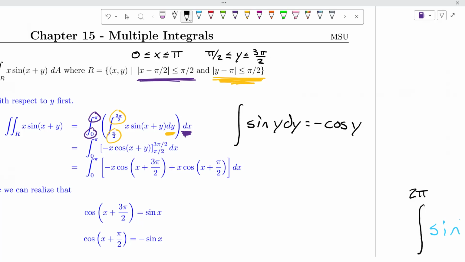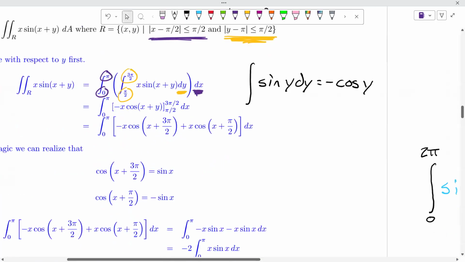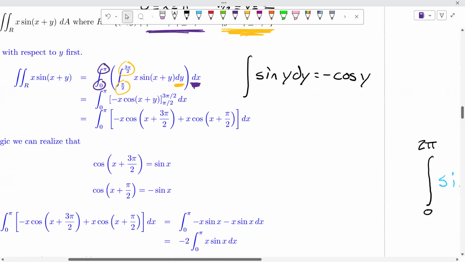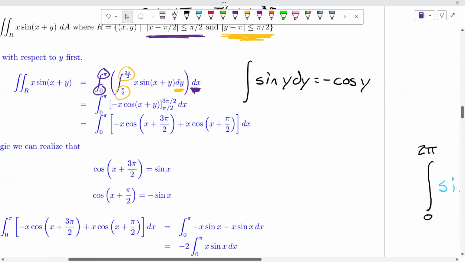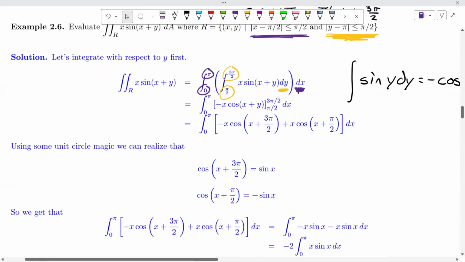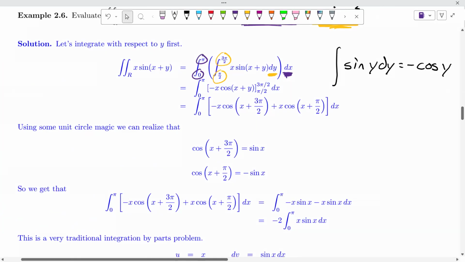Because then I do still need to plug that in and evaluate between a couple of bounds, and also I end up with something that isn't super nice to try to integrate either. I have this cosine of x plus 3 pi over 2 and cosine of x plus pi over 2. And I am going to rewrite that stuff using some more trig identities.